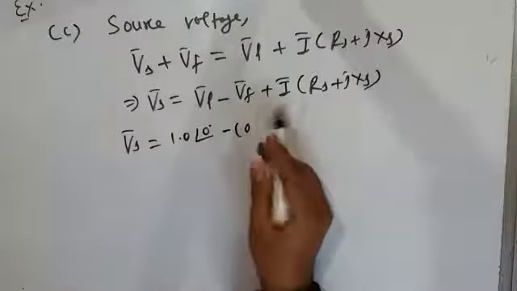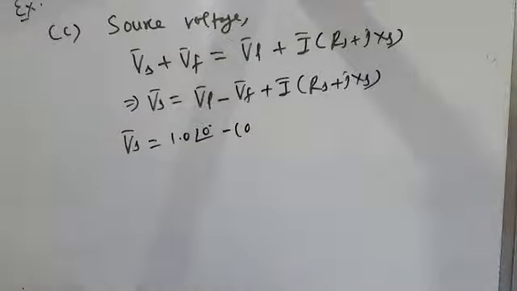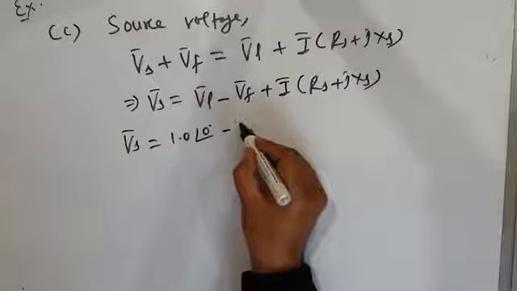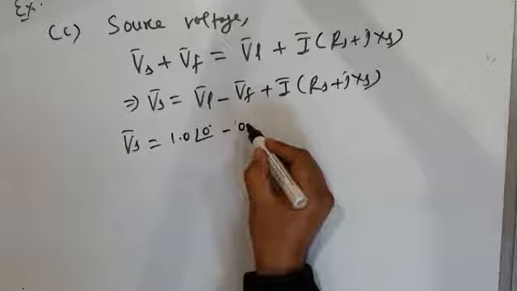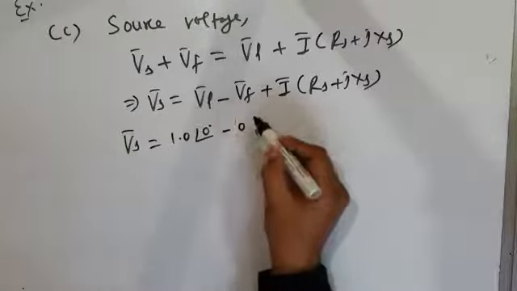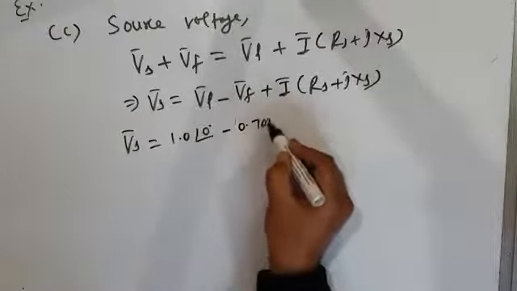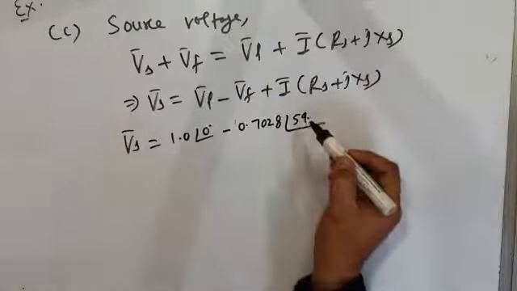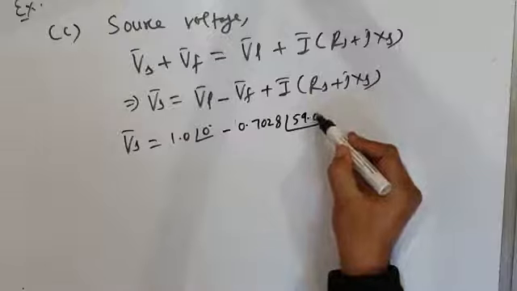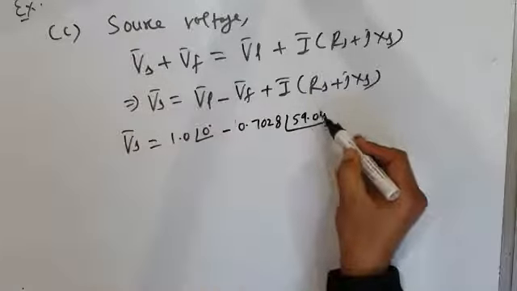0 point minus VF is the compensator voltage or DVR injected voltage 0.7028 at an angle of 59.04 degrees.